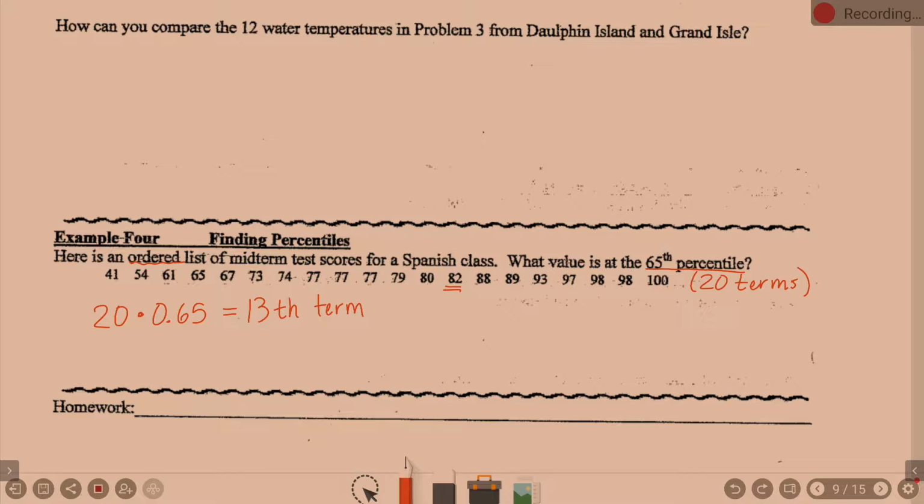The thirteenth term is 82 if you count your list. So what that's saying is 65% of the students scored below an 82. That is the 65th percentile. So our answer here is officially 82 because the question was, what value is at the 65th percentile? Well, it's the 13th value in the list, and what happens to be the 13th value in the list is 82.